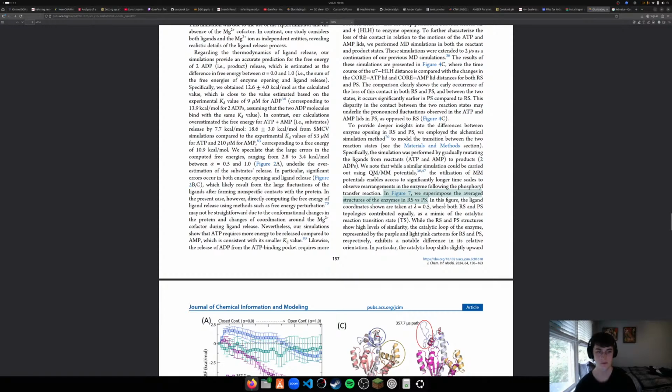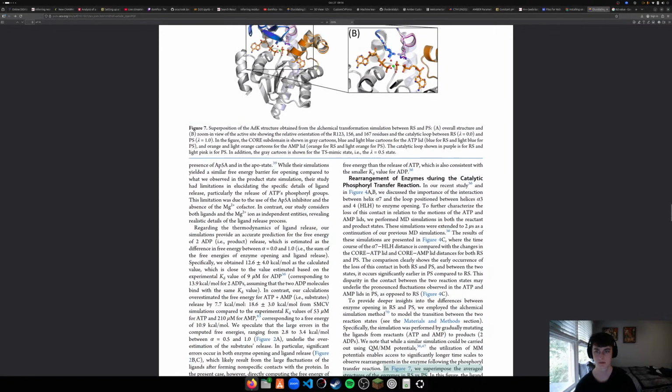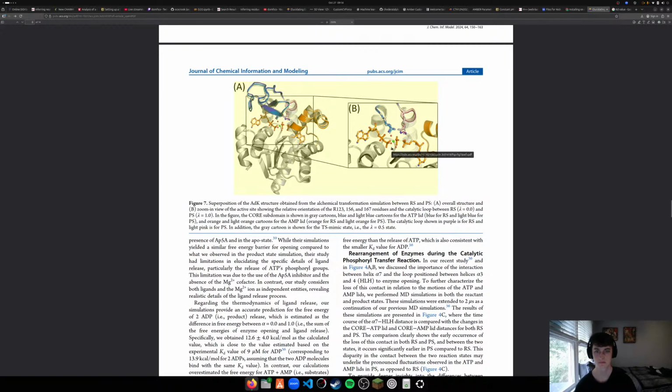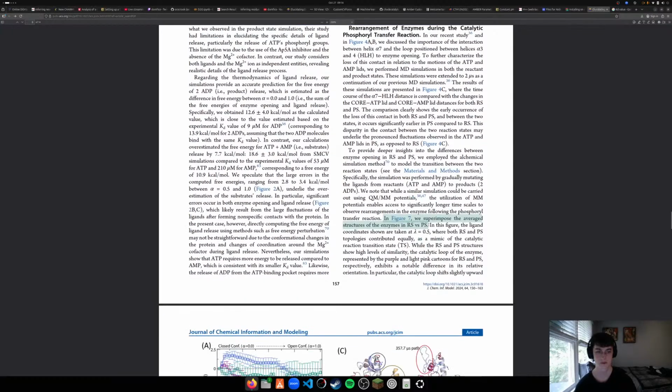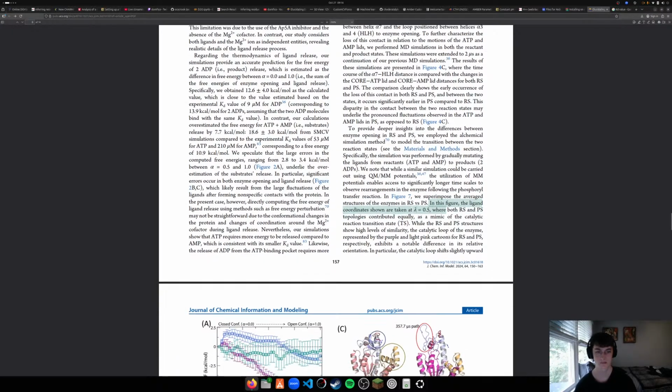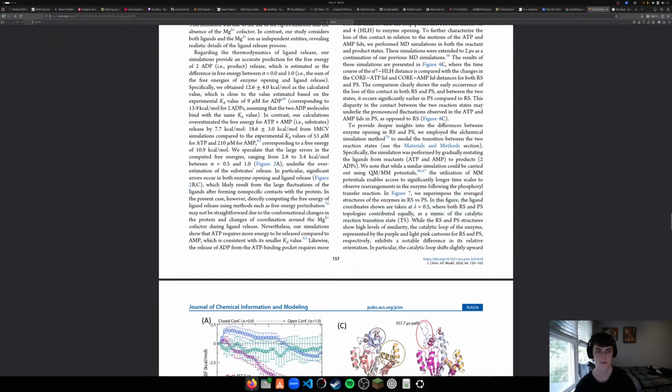Figure 7, we superimpose the average structures. Oh, okay. Coordinates are shown to be equally a mimic of the catalytic state.